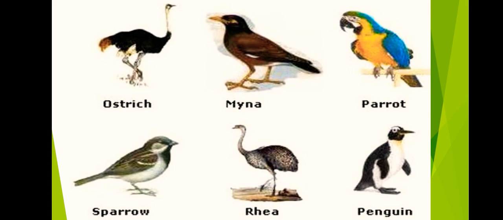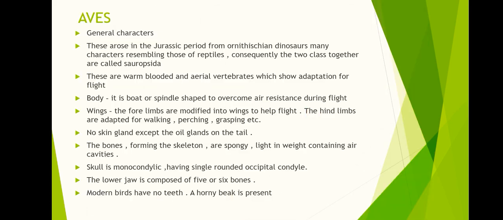Next, coming to the general characteristics of birds. Birds are warm-blooded and aerial vertebrates which show perfect adaptations for flight. They arose in the Jurassic period from the Ornithischian dinosaurs, and have many characteristics resembling those of reptiles.